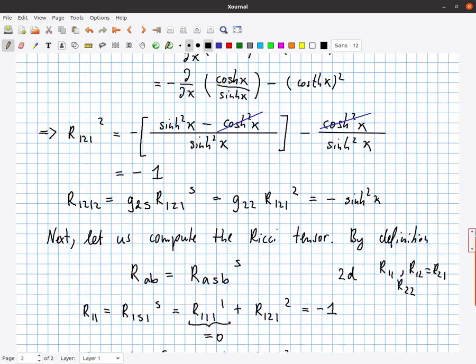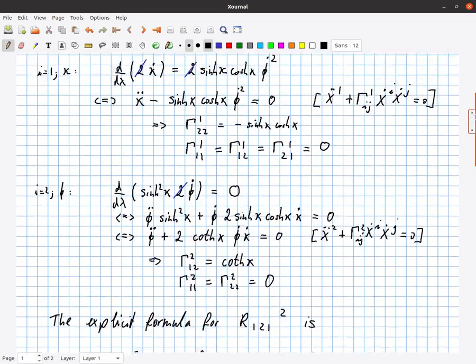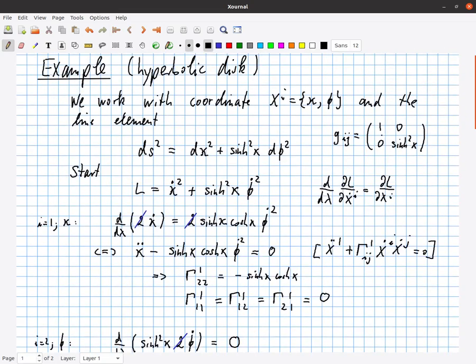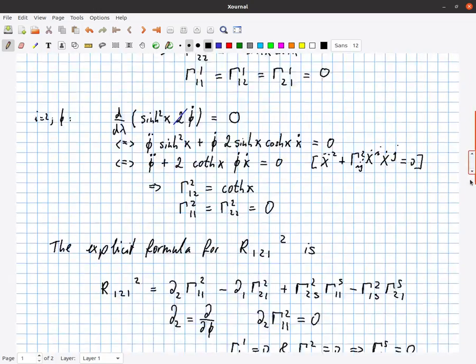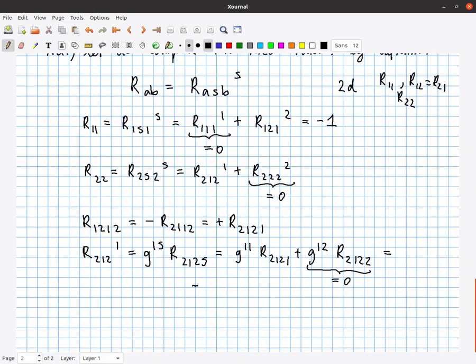G11. If we scroll up, we see that our line element is nicely diagonal. There's a 1 here, hence the inverse metric has a 1 there as well. Therefore, this is 1 times R2121, which is the same as 1212, because we swap the first pair and the second pair of indices around, which means we pick up a minus sign and then another minus sign.